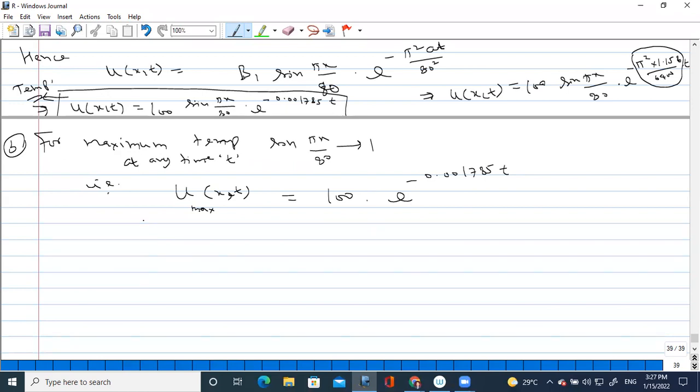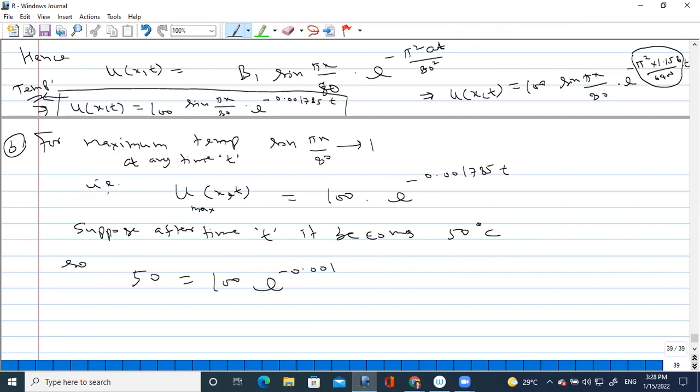Now suppose after time t it becomes 50 degree centigrade. So we can write 50 will be equal to 100 e to the power minus 0.001785 t.